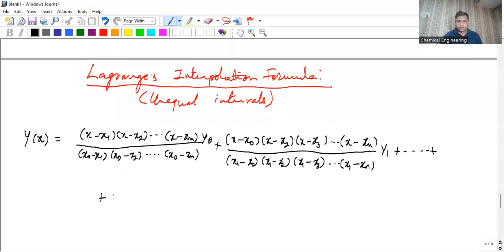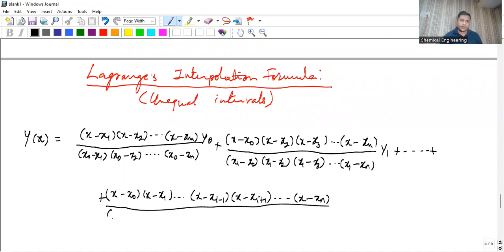In the first term, we don't have x0 in the numerator. In the second term, we don't have x1 in the numerator, and so on. The ith term will be (x minus x0)(x minus x1), and so on up to (x minus xi minus 1)(x minus xi plus 1), where x minus xi is not there, and so on up to (x minus xn).